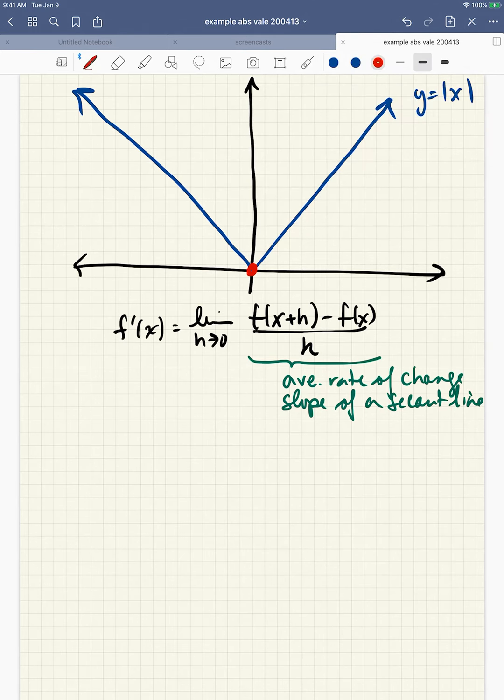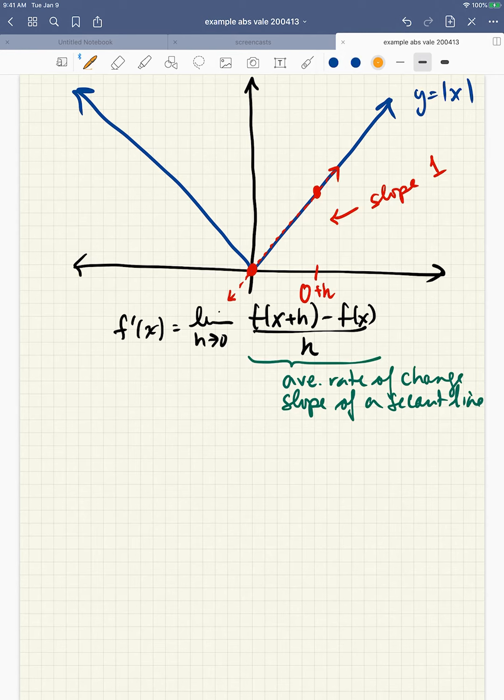So the secant line, here's an example of another point on the secant line. So this here might be x plus h, or actually 0 plus h. Let's do this properly. So the secant line through those 2 points, they all look like this. And all of these secant lines, no matter what that h is, as long as it's positive, has slope 1.